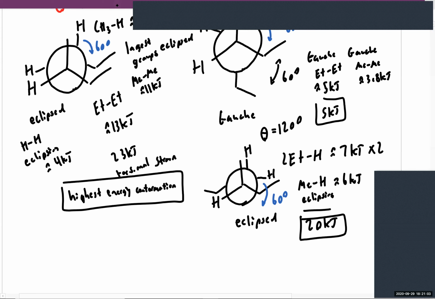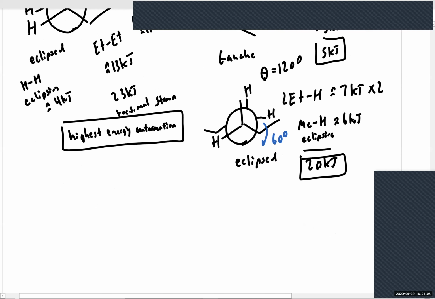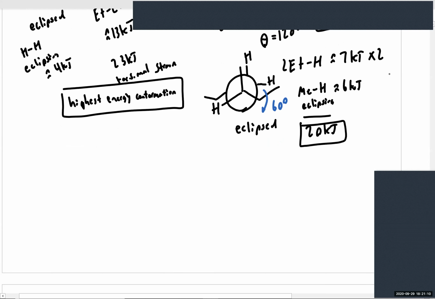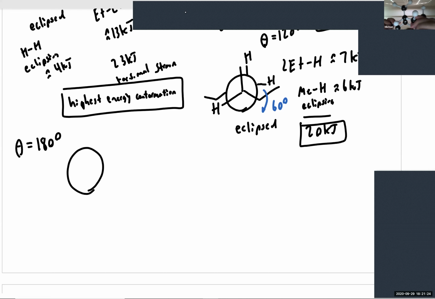And in this case, we are approaching our anti-conformation, which is the lowest energy conformation, where we have a 180 dihedral angle between our bulkiest substituents. So let's showcase that. So continued rotation of our carbon-carbon bond places our back substituents as follows.